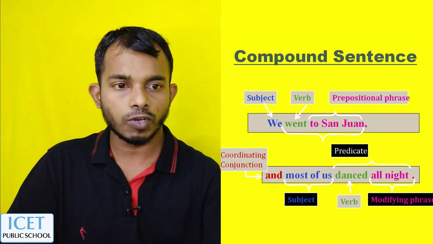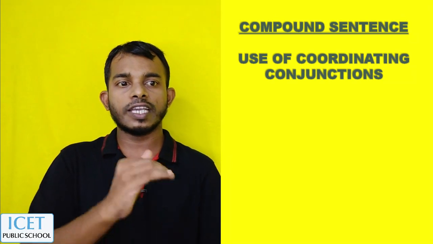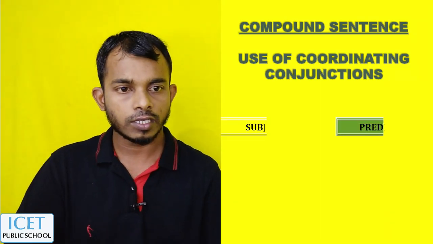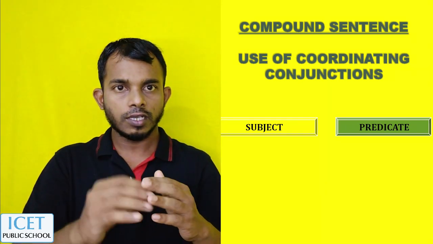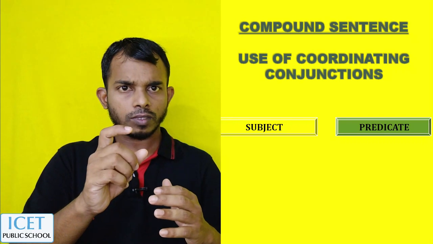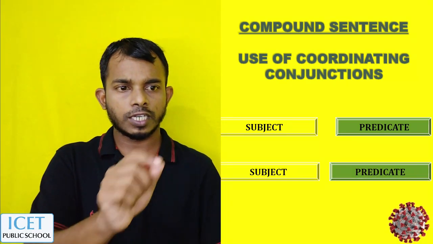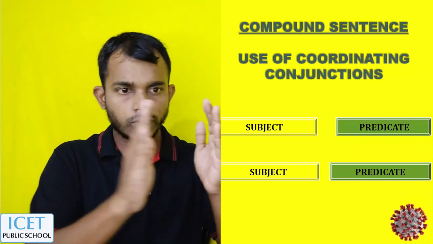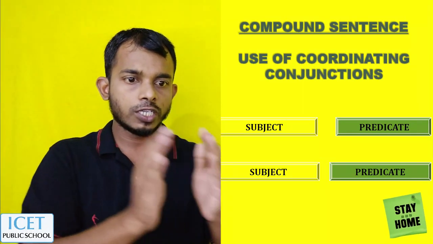We can look at another example also. Compound sentence, use of coordinating conjunction. In compound sentences, there will be how many? Two subjects and two predicates. I will tell you: subject and predicate, subject and predicate. This is the structure of the compound sentence. Subject, predicate.